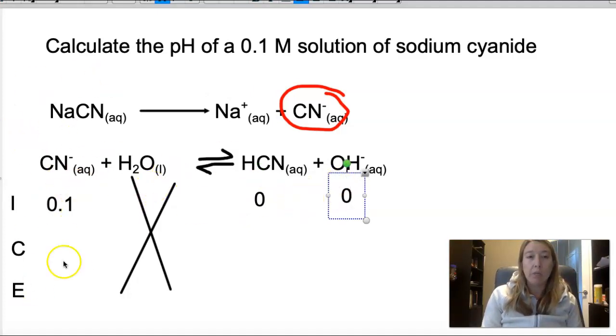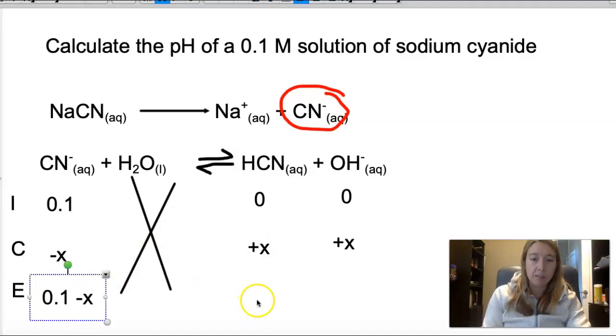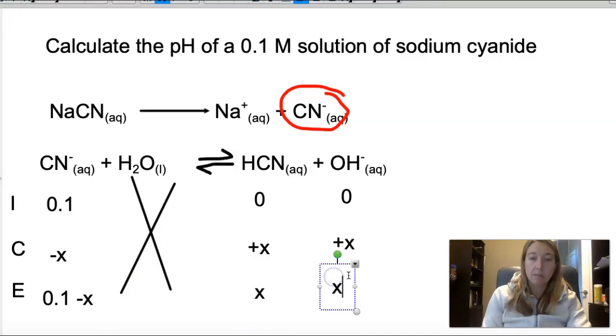We're always only going to have the reactant. So minus X, plus X, and plus X. Our equilibrium values are going to be 0.1 minus X, X, and then obviously another X.